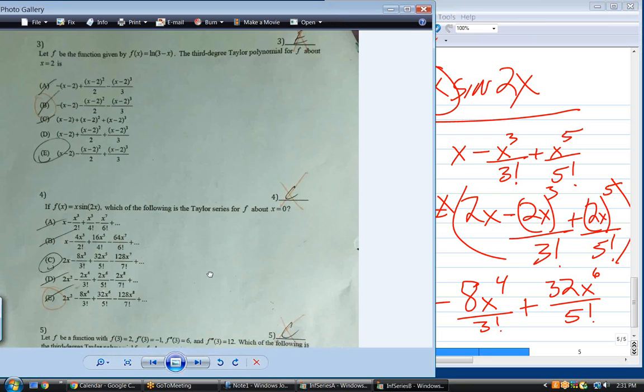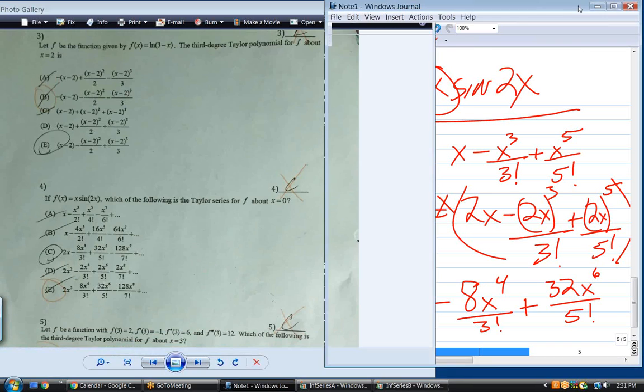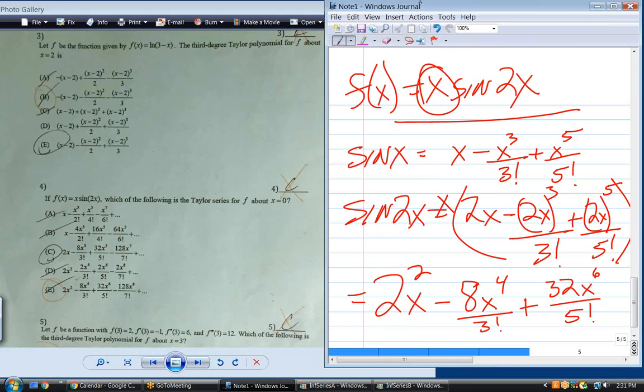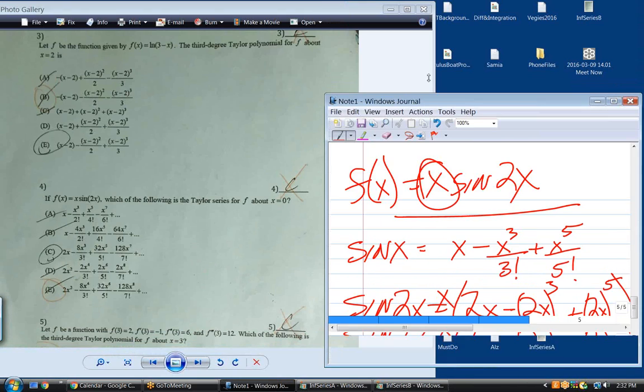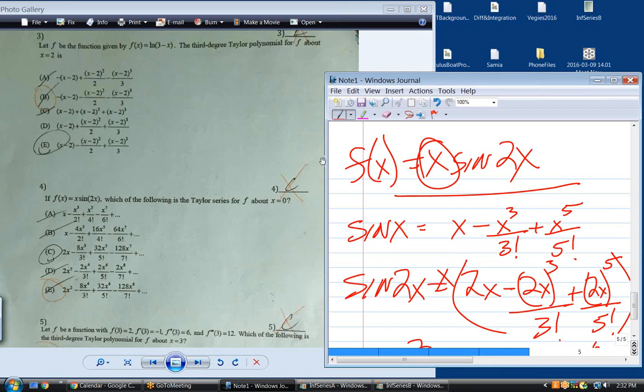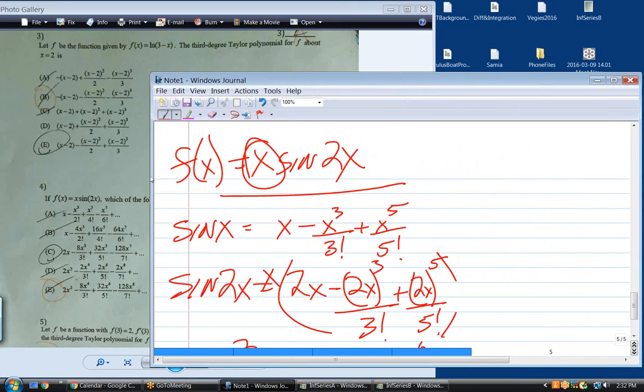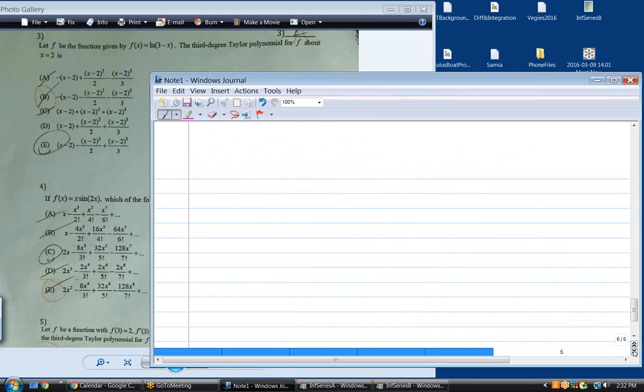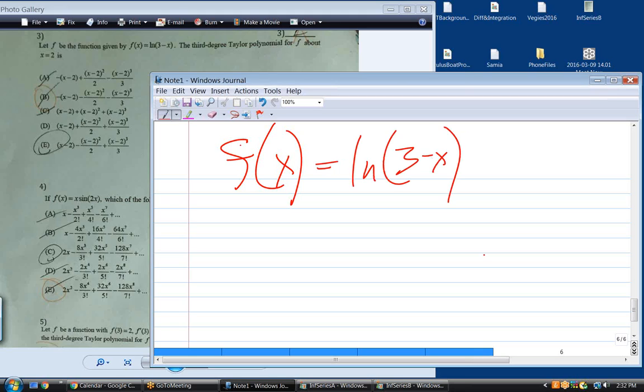All right, let's go back to 3. The only reason you missed 3 is because you made a math error. And it's not that difficult to make a math error here. It's actually pretty easy. When I did it the first time, I made the same math error that you made.